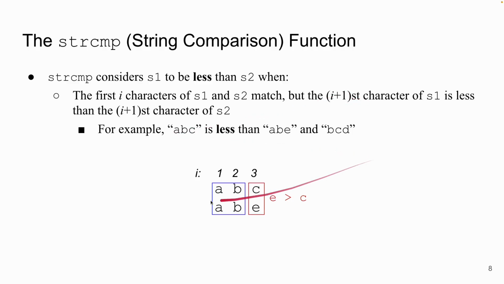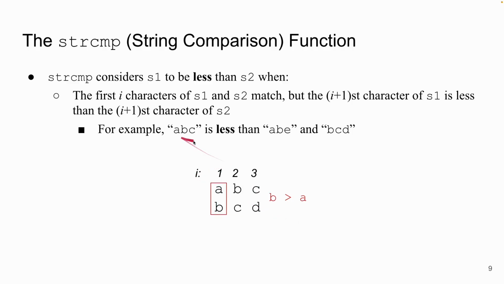So this example shows that when I compare ABC with ABE, although A and B are the same, at the third character ABC has C and ABE has E, and E is greater than C. So that is why ABE is larger than ABC if we use strcmp to compare these two strings.